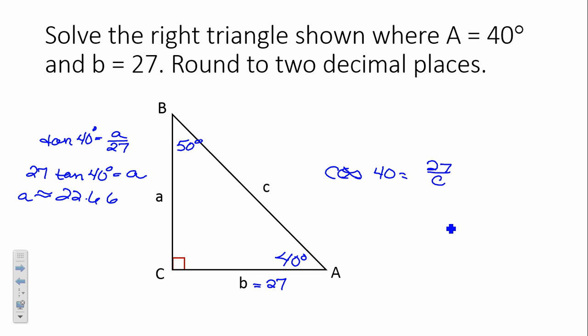Cross multiplying here, C times the cosine of 40 is 27. So I want to get the C by itself. C will be 27 divided by that cosine of 40. Okay. And you would calculate that to 2 decimal places.